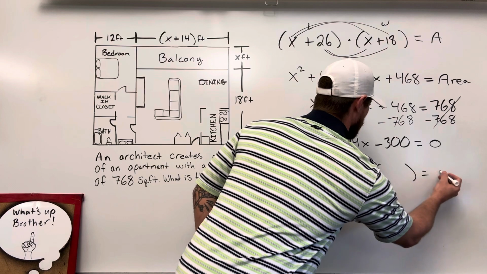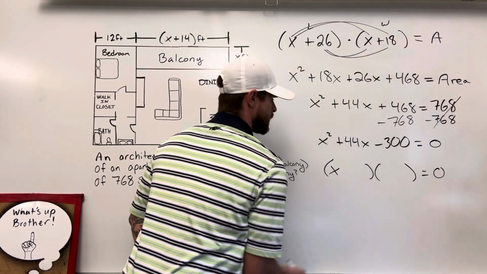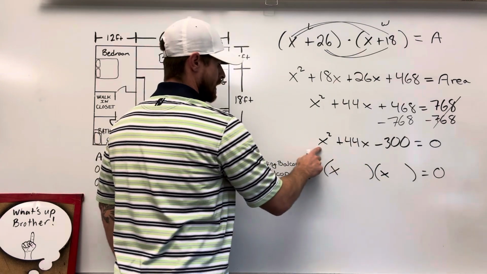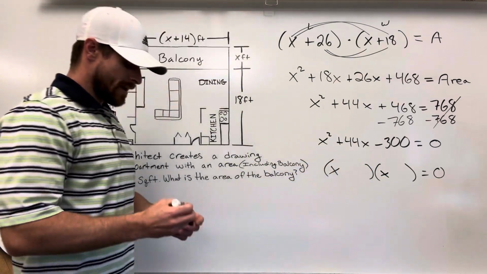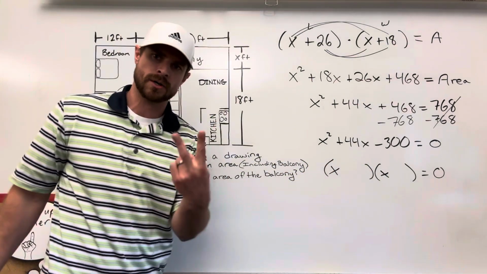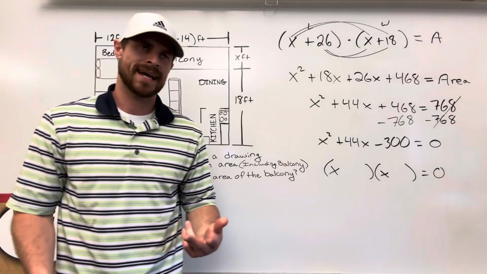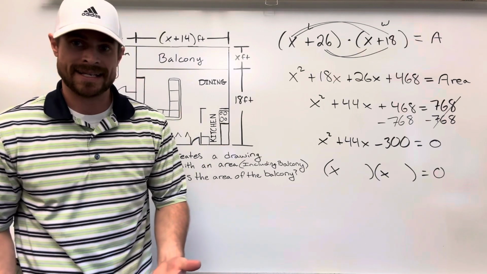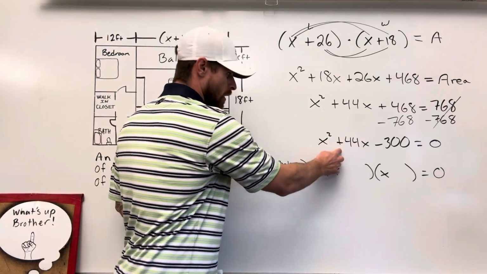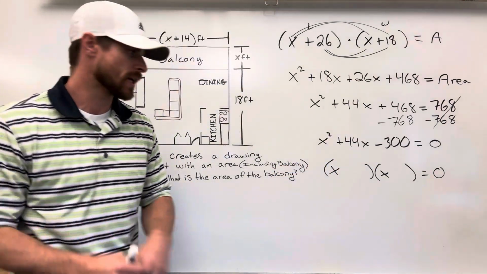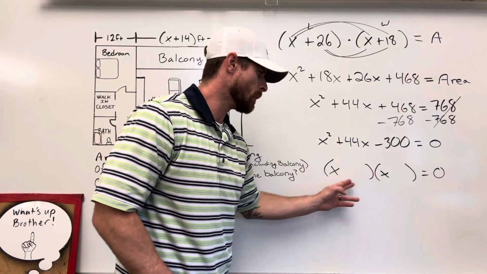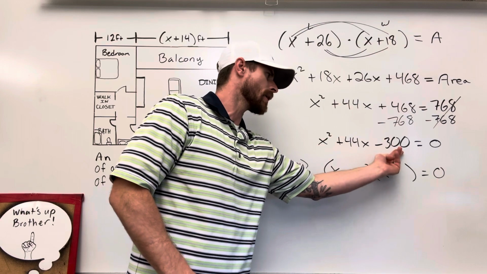We know that we are going to get an x in the front term there and an x in the front term there, because x times x is what makes my x squared. It's now time for me to start thinking of two numbers that are going to multiply together and make negative 300, but will add together and make 44. Remember, when we are factoring, we're trying to split the trinomial into two binomials that when multiplied together bring me right back to where I was.